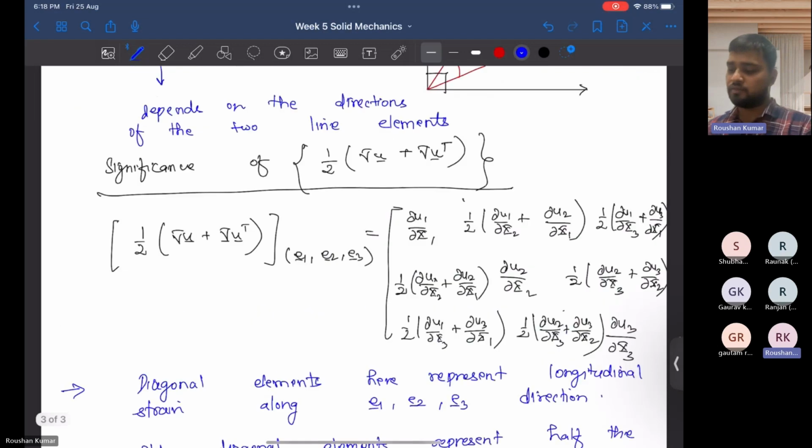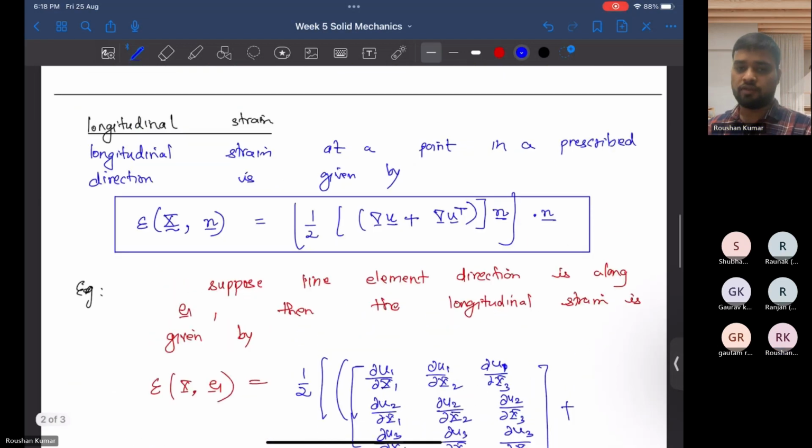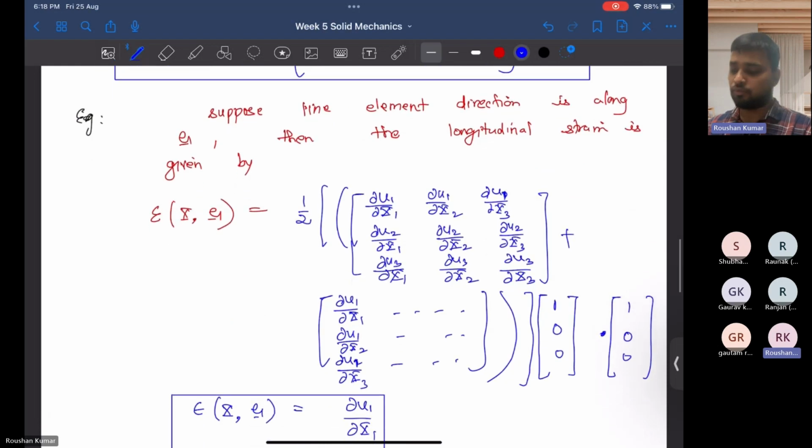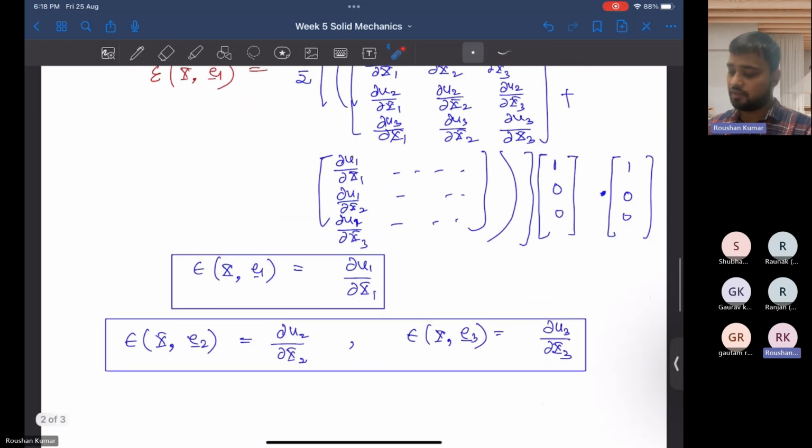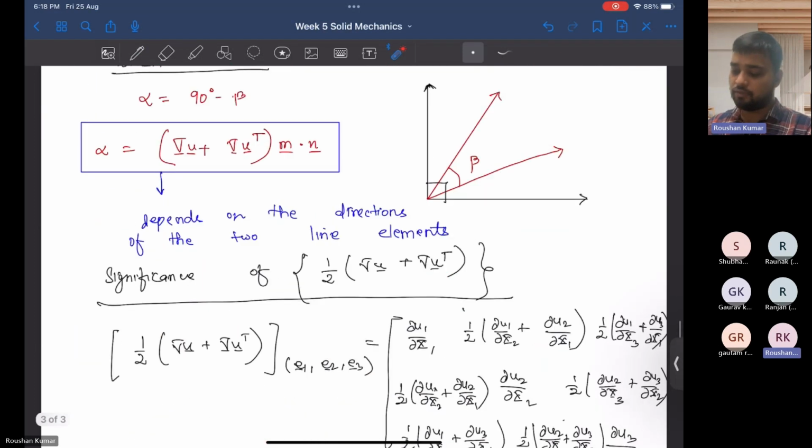So these two topics were covered under this lecture, that is, longitudinal and shear strain. I have written the two important formulas here. The first one is the longitudinal strain, given by half of grad u plus grad u transpose n dot n, where n is the direction along which we have to find the longitudinal strain. Then the formula of shear strain is given by grad u plus grad u transpose m dot n, where m and n are the directions of the two line elements.